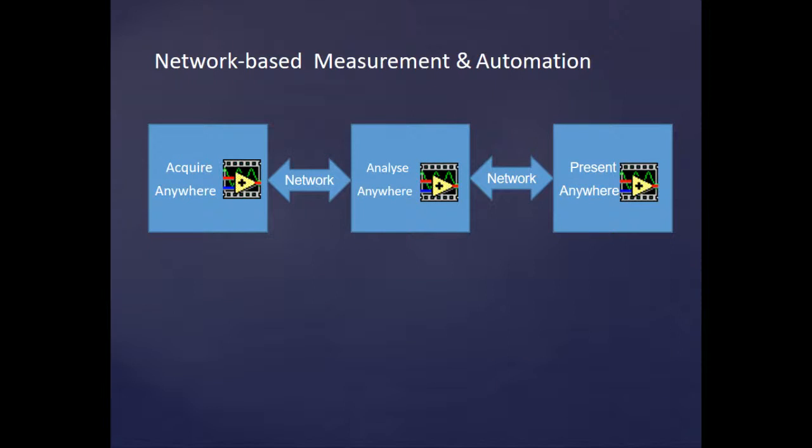So this is a network based measurement for automation, where our system will be connected through a network to a respective controller or whatever device you are using. Therefore we will acquire data from wherever the system is, then we will analyze the data, then communicate through the network. You can see the block diagram over there.